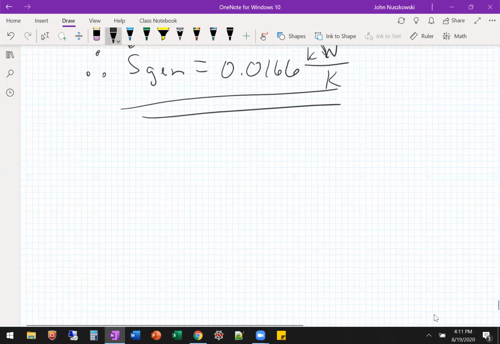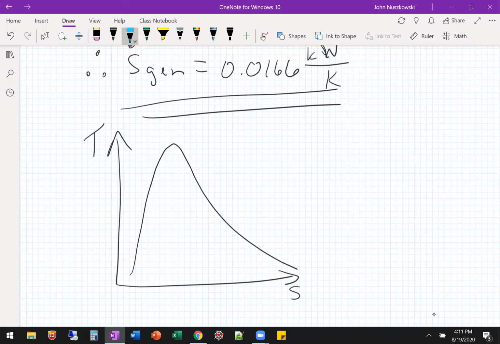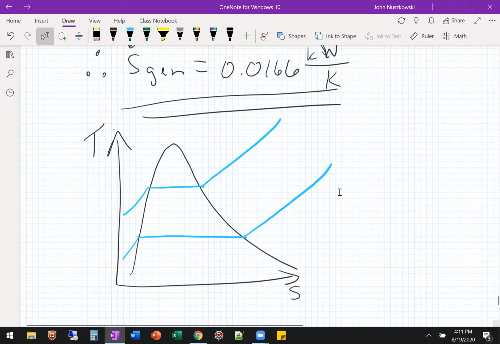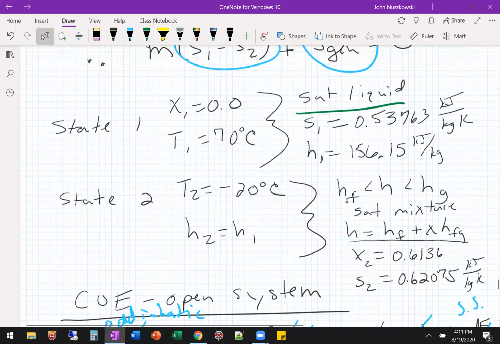We can also do our TS diagram. And we know we are saturated liquid at state 1, and we go to a saturated mixture at state 2, and our temperature drops, right?